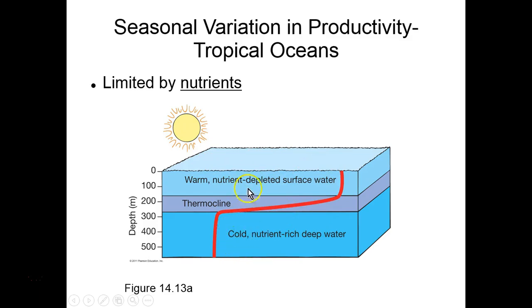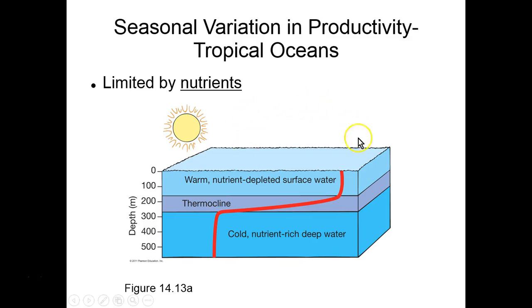What that means is that we're not going to have a lot of circulation between cold, nutrient-rich deep waters and surface waters. And in order for the nutrients to be used, they have to be in the surface waters because that's where photosynthetic organisms live, which is in the sunlight. Okay, so therefore the tropics are going to have a low primary productivity over the entire course of the year because they don't see a change in the amount of sunlight over the course of the year.